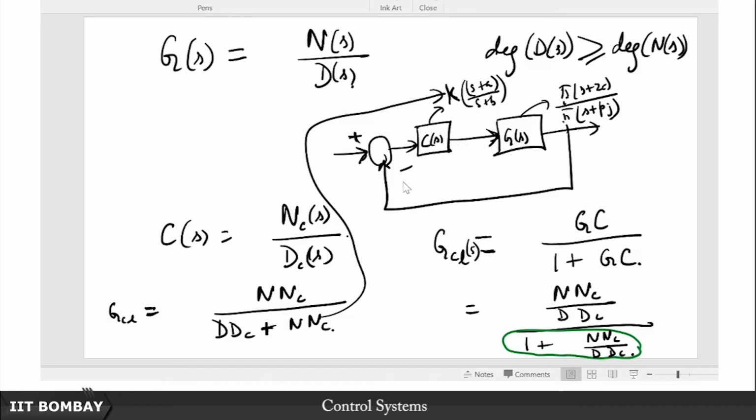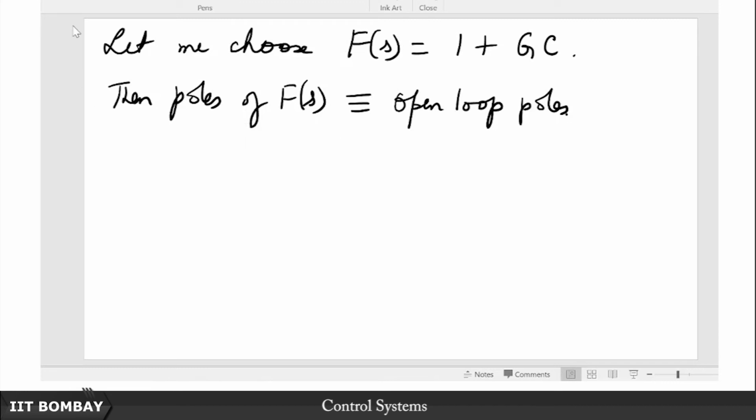If you cut this path, what you will have in the forward path is GC. So, it is the open loop poles of GC, not just G alone, because it is DC into D, not just the denominator of the plant alone, it is the plant plus controller. So, these are the open loop poles, and similarly the zeros of F(s) are exactly the same as the closed loop poles.